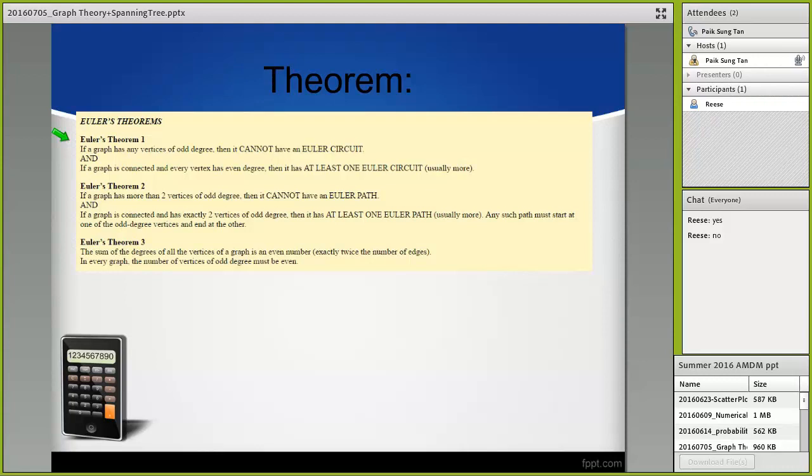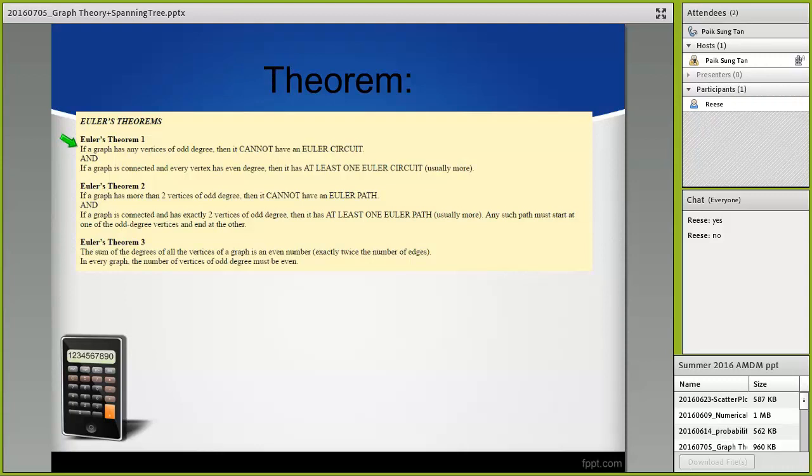Theorem means a conjecture that has been proved to be true. When we call it a theorem, it's something you can just use because it has been proved. When we talk about just a conjecture, it's I think this is true, but I still have to prove it. But when people call it a theorem, it's already proven.